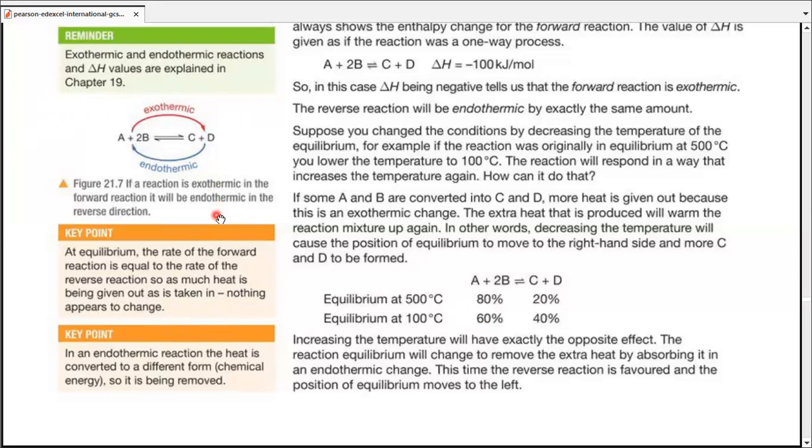So as a third party observer, we might find like nothing is going on. Actually, the changes are going on, but since there is no change in temperature, we don't find a change in heat as well. Now, in an endothermic reaction, the heat is converted to a different form, chemical energy, so it is being removed.